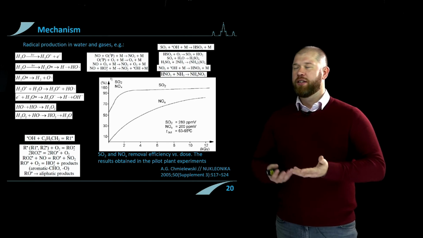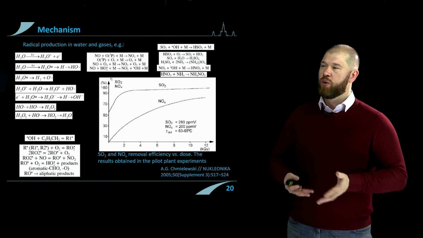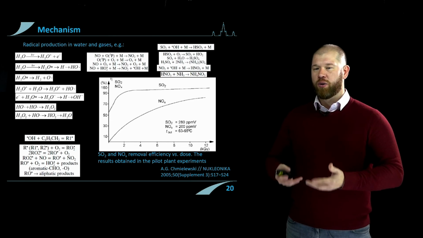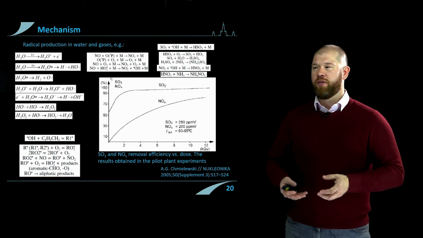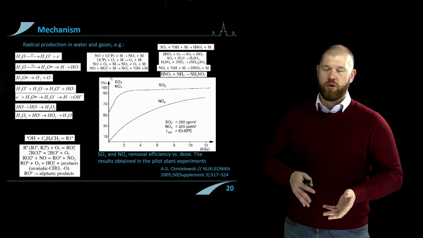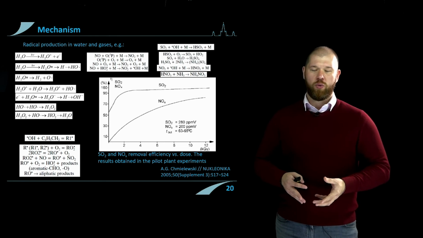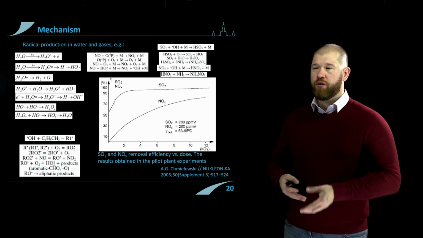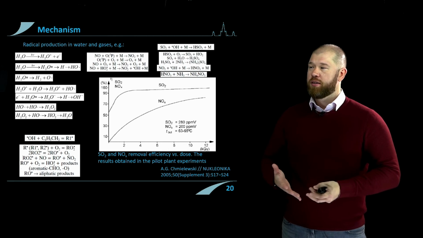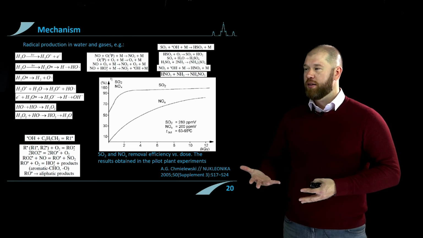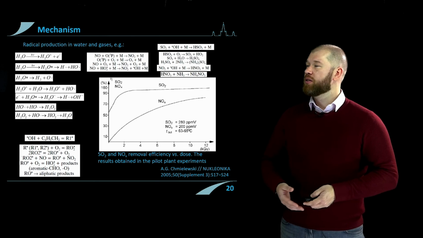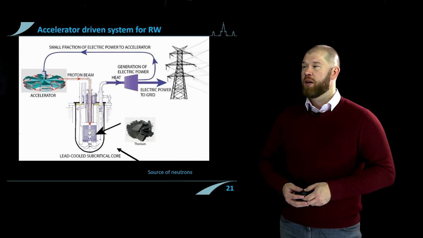These radicals oxidize nitrogen and sulfur to higher oxides, and then these higher oxides are removed by absorbing in water or in solutions of sodium hydroxide or other alkalis. Thus, these gases can be removed from the waste gas streams quite efficiently.